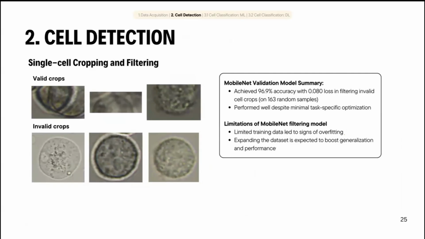Since this model acts as the pre-filter, we focused optimization on the main detection and classification models more. Still, we expect better performance with an expanded dataset and more optimizations.